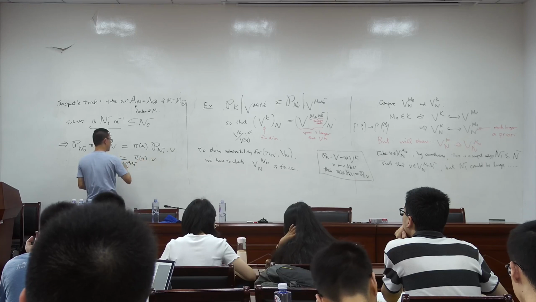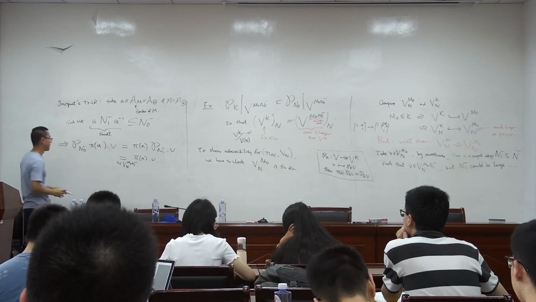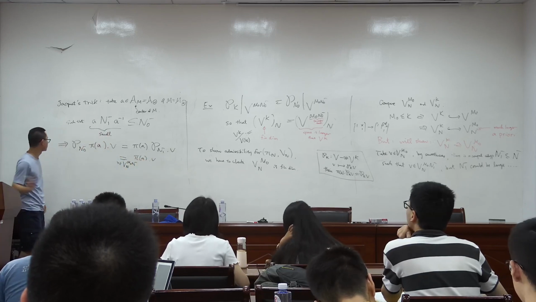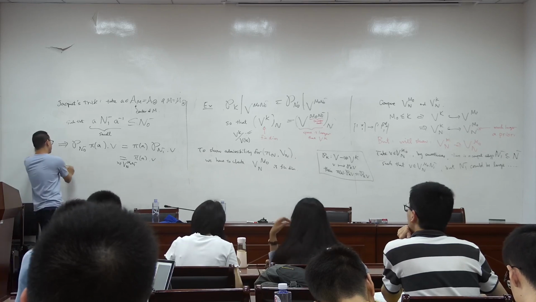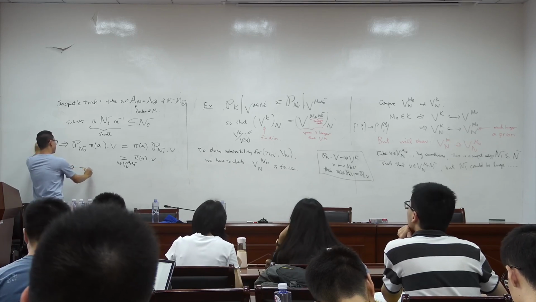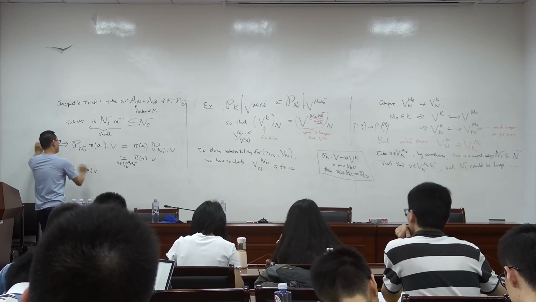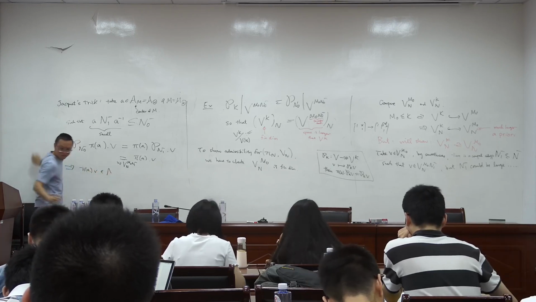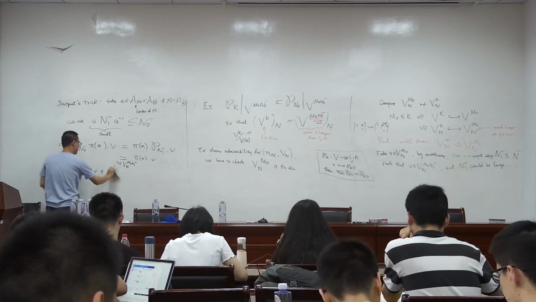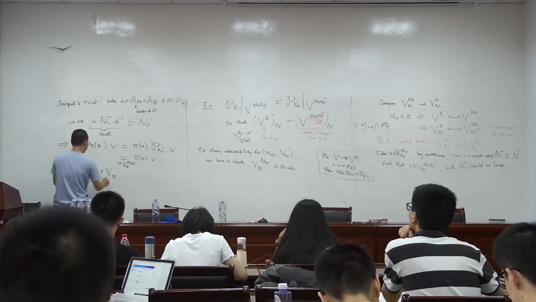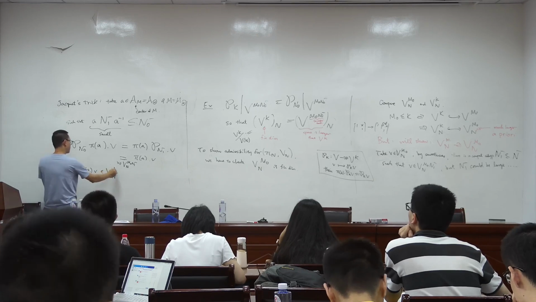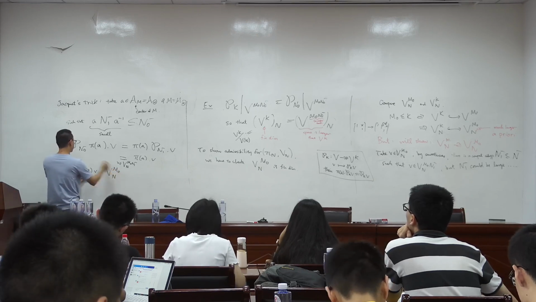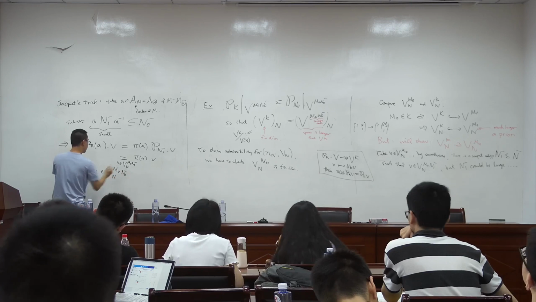So this is gone. And this is pi A of V. So what does it mean? This means pi A of V is in V of M0 and N0 minus.